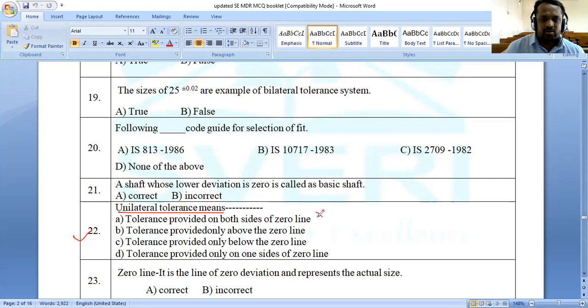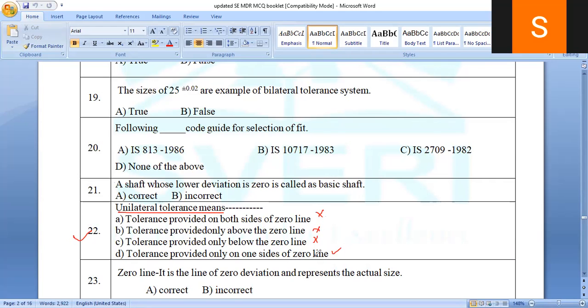No, that is not it. The tolerance provided above the 0 line? We can show above, we can show below. Means the tolerance provided only on one side of the 0 line. That is wrong. Which answer is correct? D. The tolerance provided only on one side of the zero line. Correct.